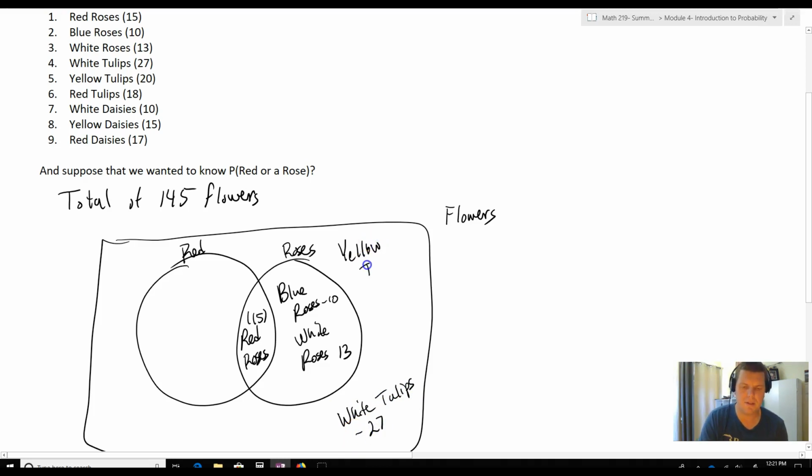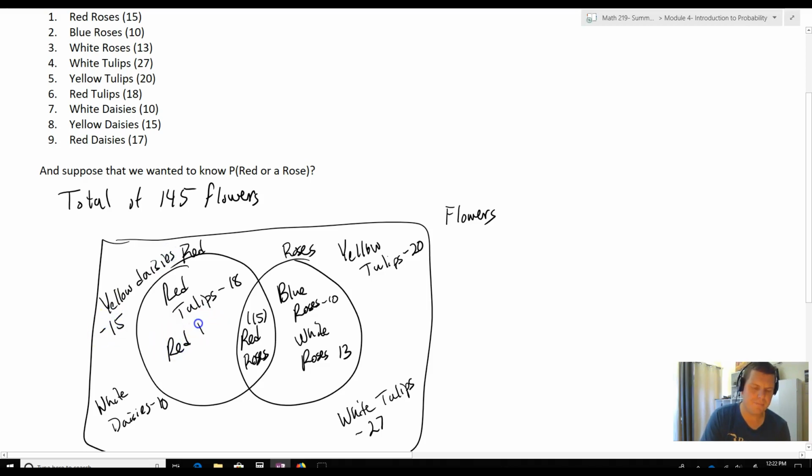Yellow tulips, there's 20 of them. Red tulips, those are in the red grouping. That's 18. And then we have white daisies, neither. Yellow daisies, they're also neither. And then we have the red daisies, and there are 17 of them.